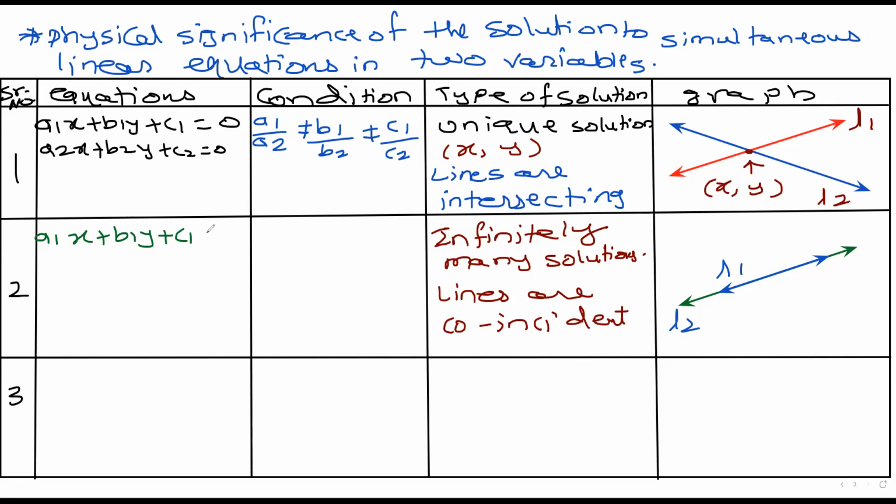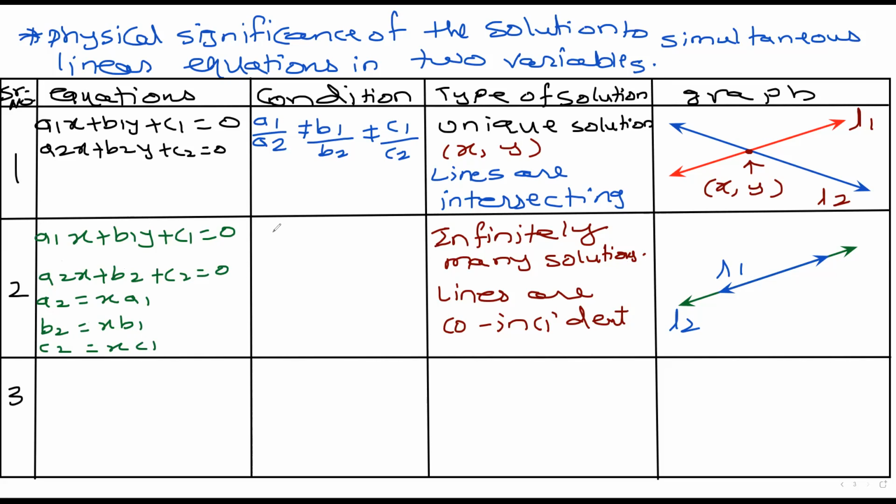Now, if they have infinitely many solutions, that means the equations are the same. In fact, the second equation will be A2x plus B2y plus C2 is equal to 0. A2 will be a multiple of A1. Similarly, B2 will be a multiple of B1 and C2 will be a multiple of C1.